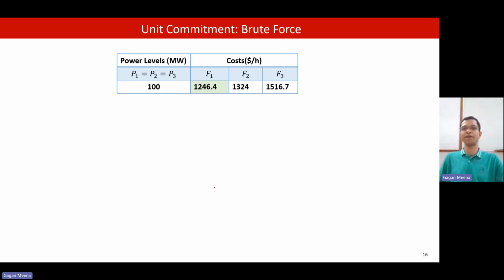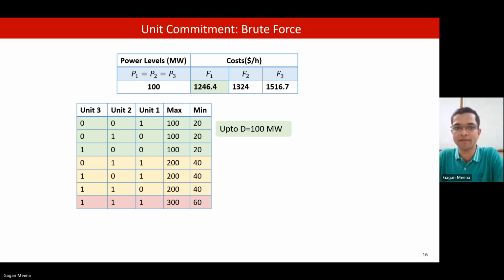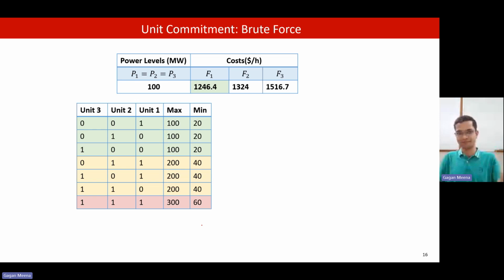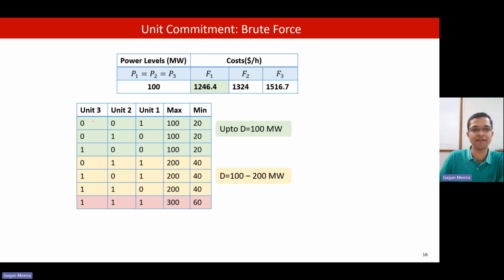Now unit commitment, the simplest way is to use brute force. You know that the load is changing. It is increasing and decreasing. Here we are considering all these 7 combinations.